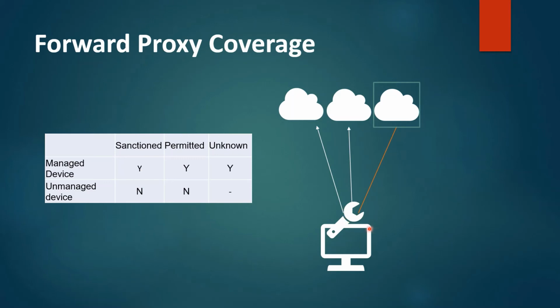But the good side of forward proxy, which is not covered in either reverse proxy or API mode, is that unsanctioned services are included in the scope of control, because the device is going to send a request regardless.